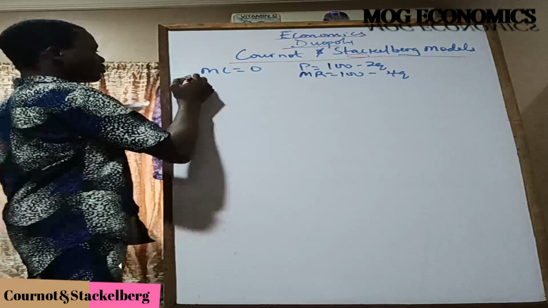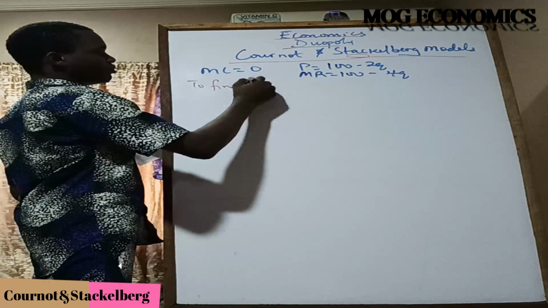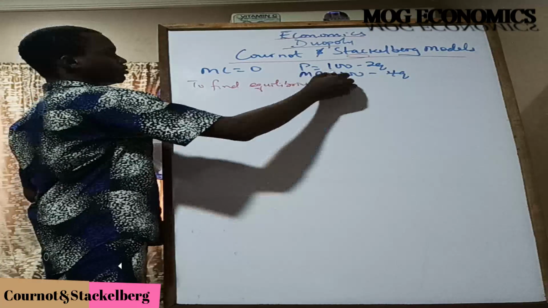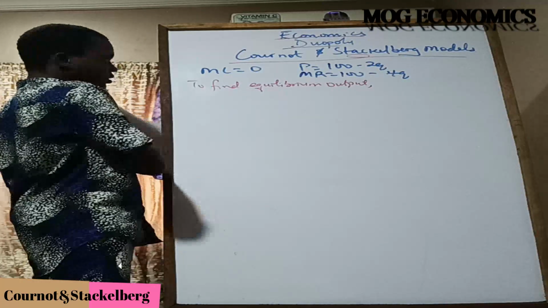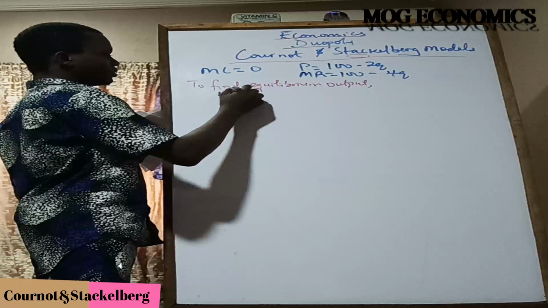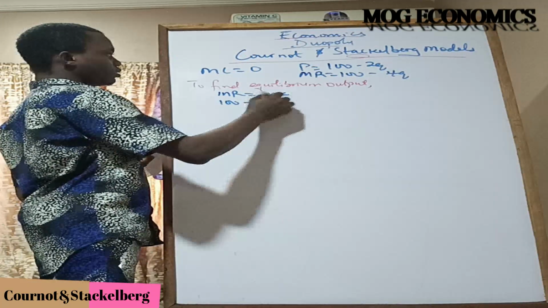So to find the equilibrium output, we're going to have MR equals MC. So 100 minus 4Q equals 0.